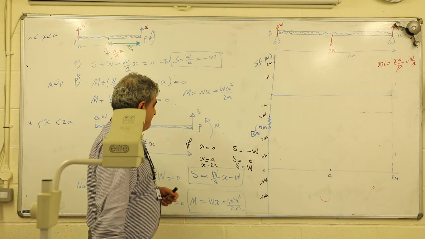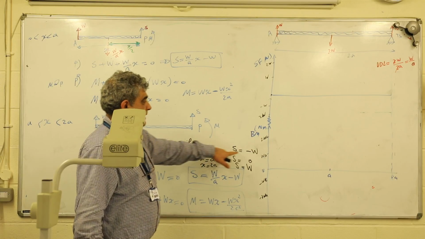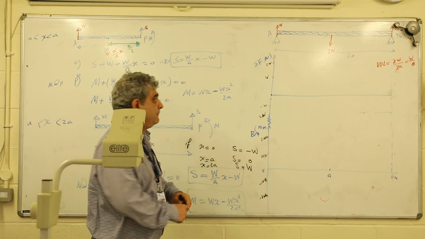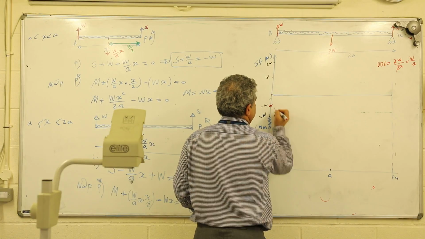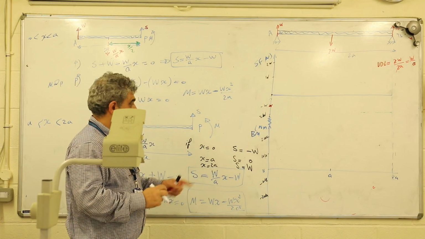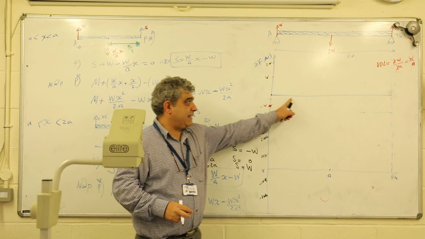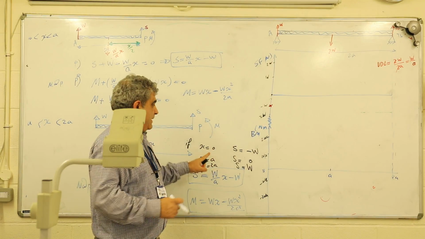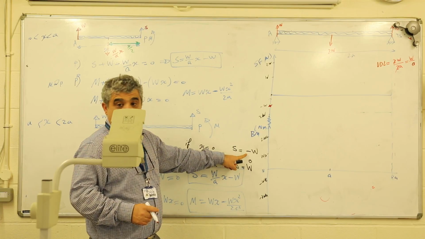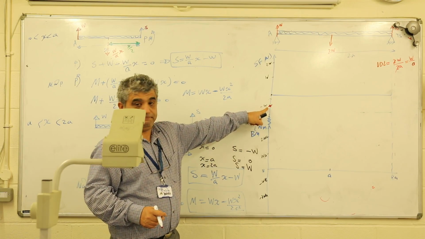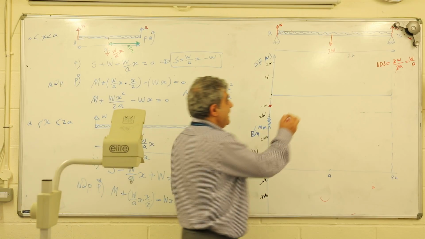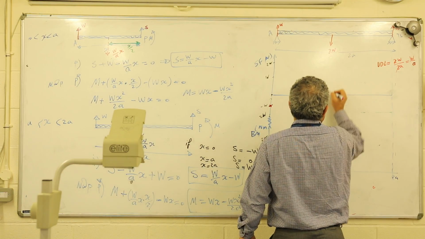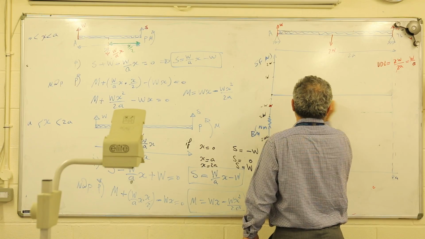If I solve it, when the x is equal to 0, S is equal to minus W. Start from here. Yes, that's the point. This is the x-axis, or length. X is equal to 0, S is minus W, which I put here. When the x is equal to a, S is equal to 0. So at a, it should be 0 here. Here, 0. Yes?